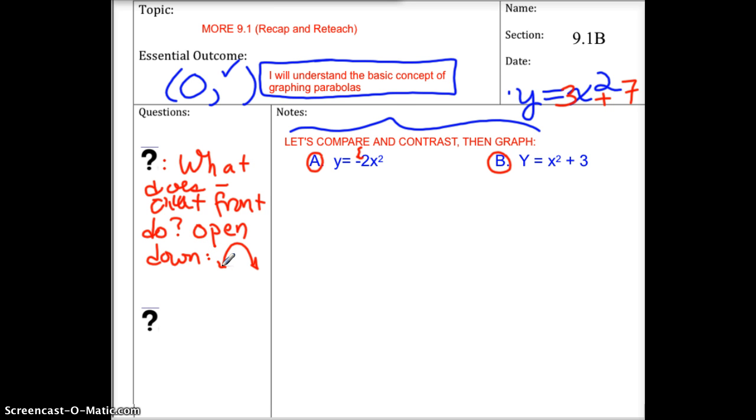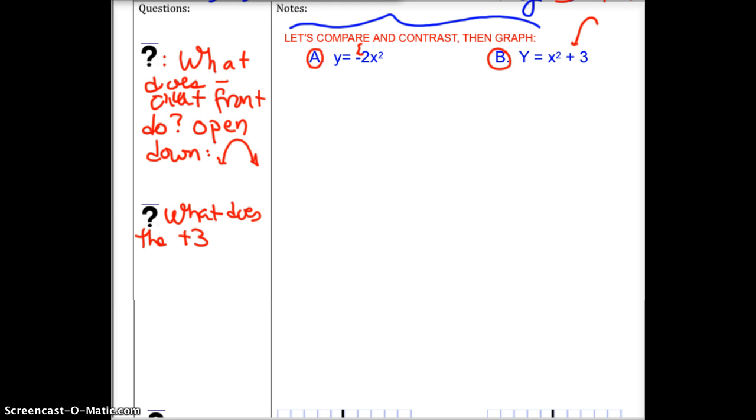All right? My other question that I'd like to ask is, what does the plus 3 right here do to the parabola or do to the graph? And remember what that does, adding that on: it's the parent function, y equals x squared, but all the y's are going to have 3 added to them.